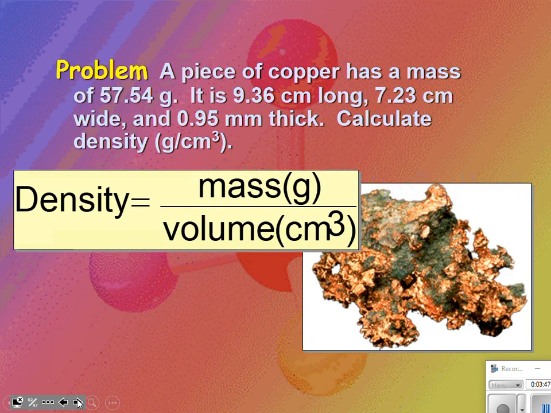So, right here, what I want you to do is answer this problem and calculate the density. Just a little bit of help to walk you through this, people. How many folks caught this right here?